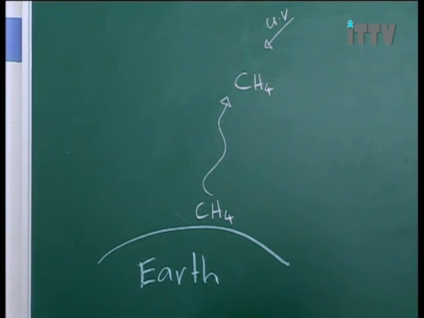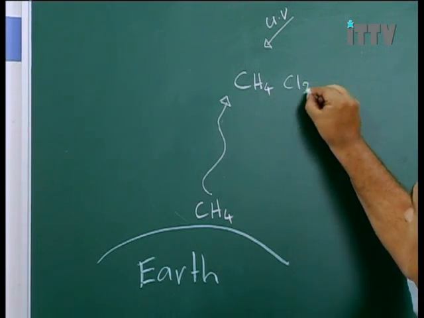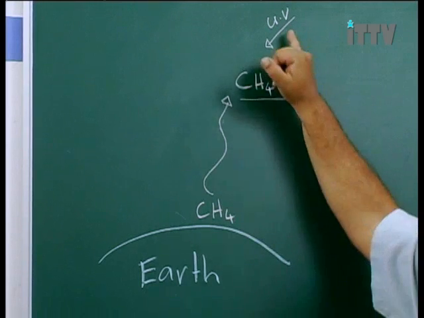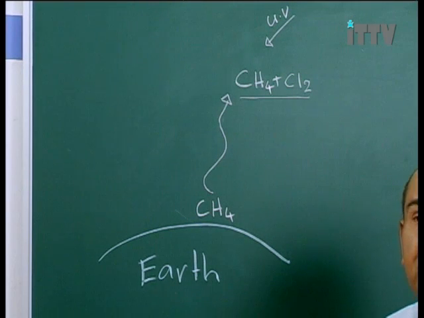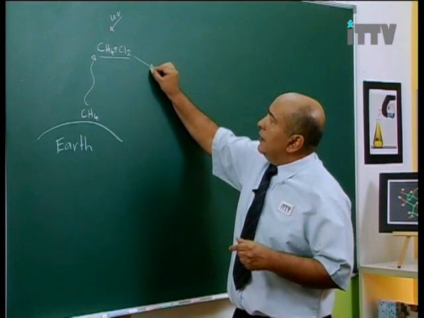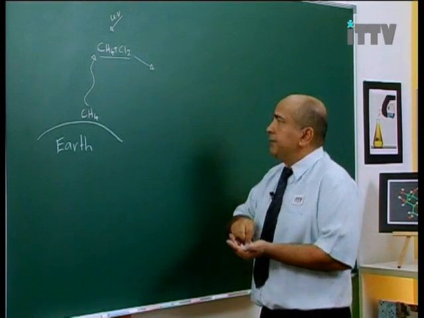Any chlorine gas that is in the air will then react with the methane gas in the presence of the ultraviolet radiation to do what we call the substitution reaction. So now let's draw this reaction in a bit more detail. We have methane.